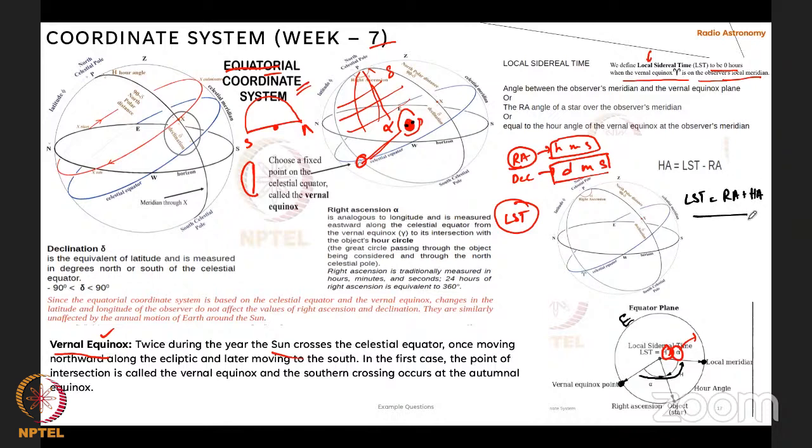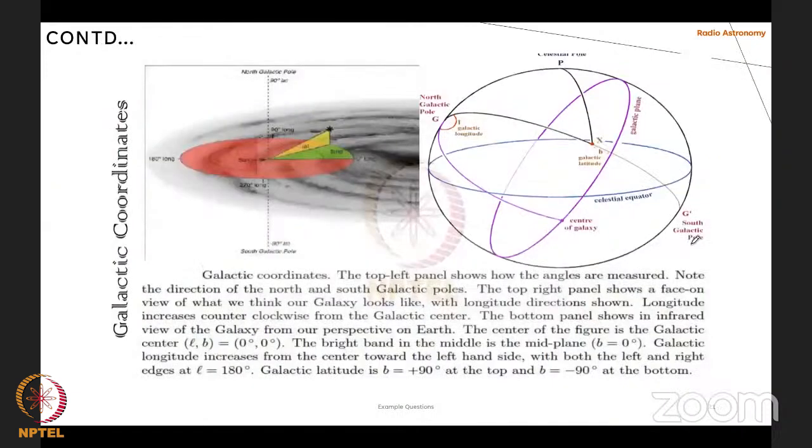Okay, this is the simple relation you should remember, because when we do analysis, we tend to plot in terms of LST, because in terms of LST, the source is mostly fixed in the equatorial coordinate system. Okay, now let's move on to the next coordinate system.